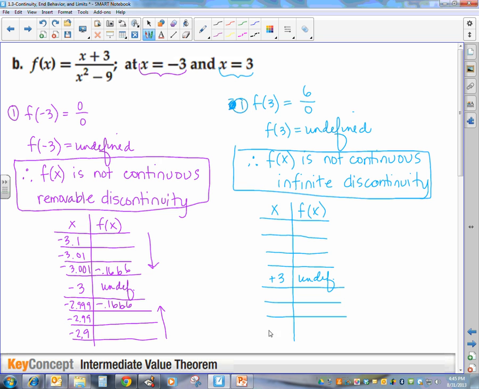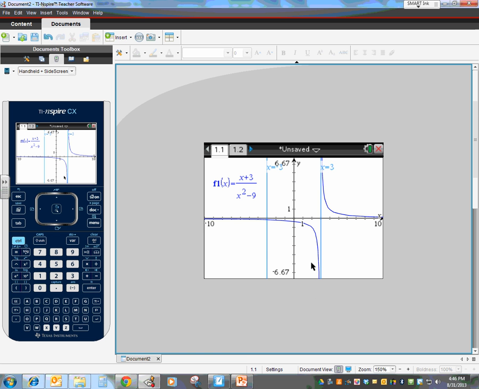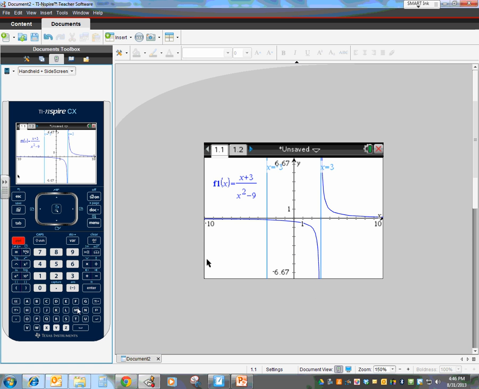So my smaller number this time is going to be 2.9 because I'm on the positive. 2.99, 2.999, 3.001, 3.01, and 3.1. Alright, and again, let's go back and we're going to hit Control T.